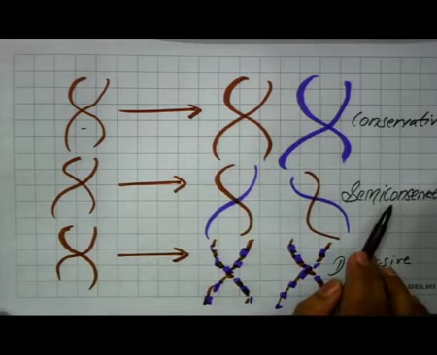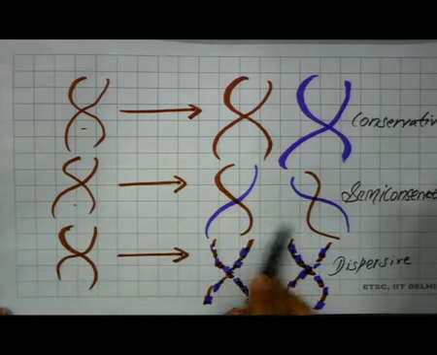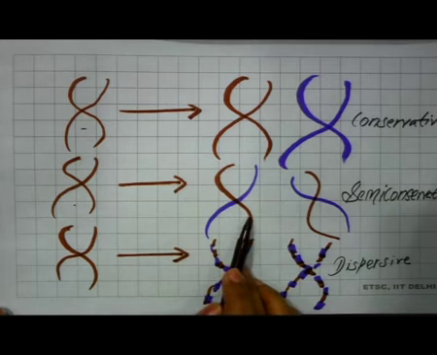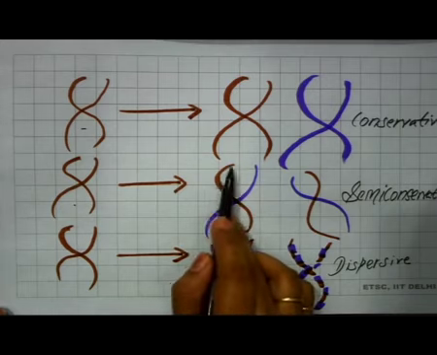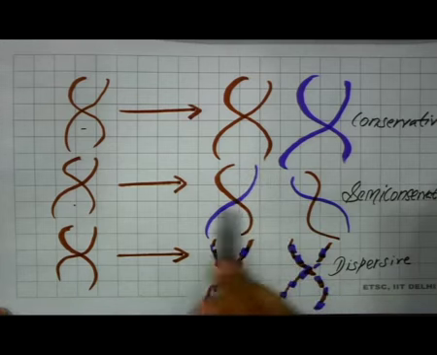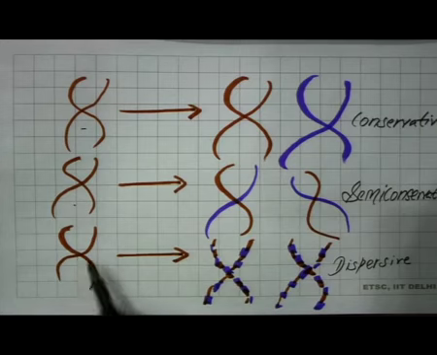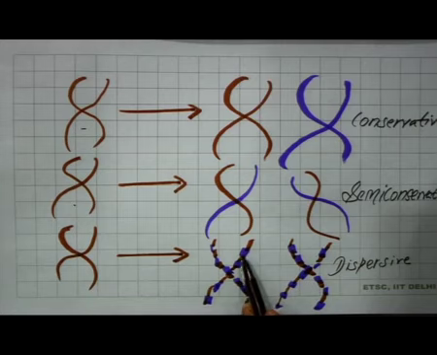In case of the semi-conservative model of replication, the parental DNA will get separated out and the separated single-stranded DNA will act as a template, and this single strand will be copied in both the daughter DNA and they will form two daughter DNA. And in case of the dispersive model, the parental DNA will get fragmented and each fragment will act like a template, and they will be copied to make two daughter DNA.